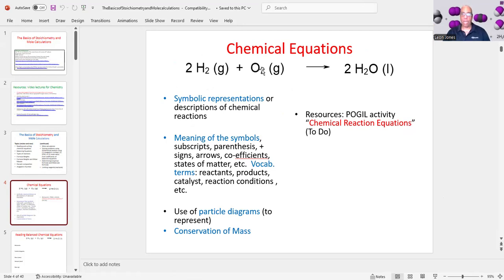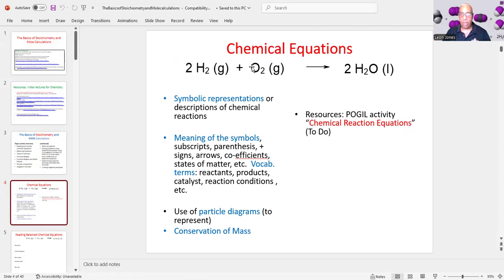Now, well, actually two oxygen and four hydrogens. Now, the coefficient is the number in front of the element. If there is no number written, like I have O2, that means 1.